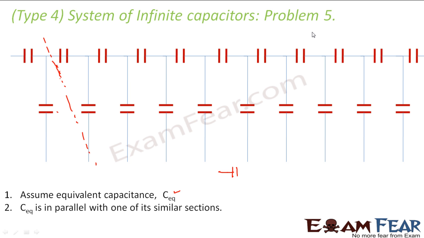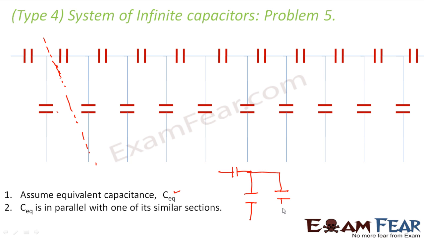So when you have a huge number of certain things and if you remove one or two out of it, that will not make much difference. So similar is the case here. I assume that the equivalent capacitance of this entire circuit is Ceq. So that means the equivalent capacitance of this entire circuit except this first part is also Ceq, right? It is all one and the same thing.